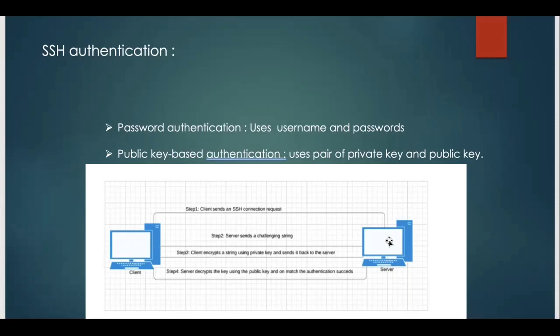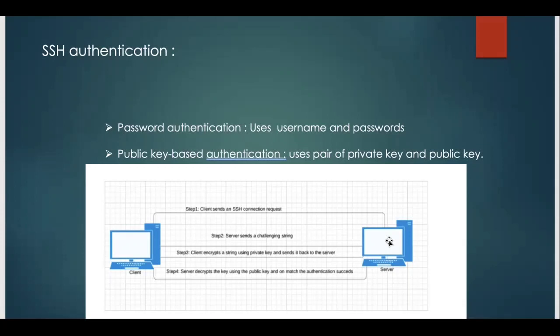The challenge string is encrypted by the client's private key, so it can only be decrypted by the client's public key. The server will have the client's public key, so it will decrypt the encrypted challenge string using the public key of the client.